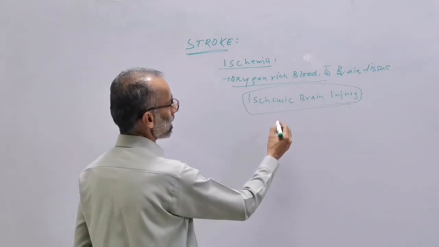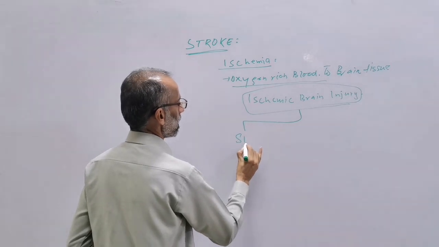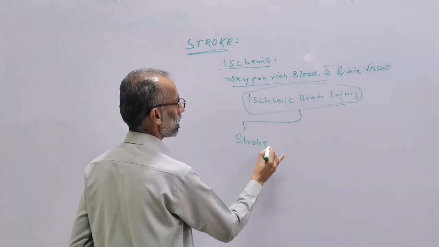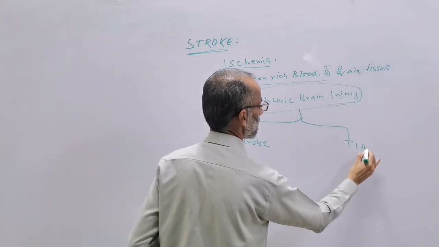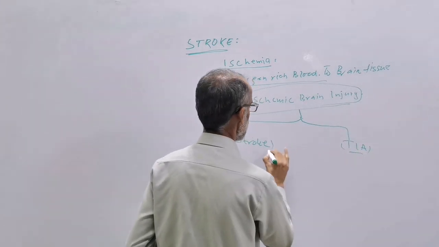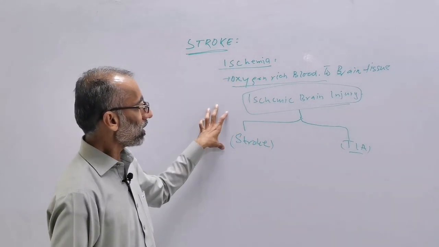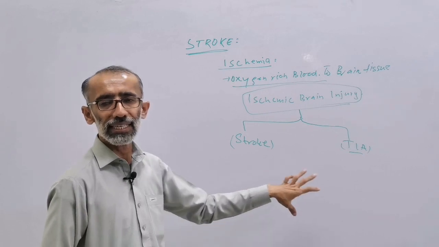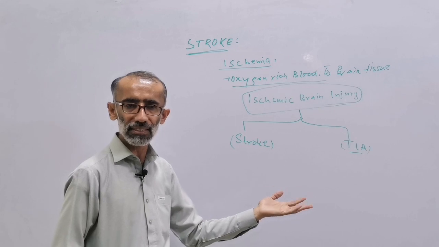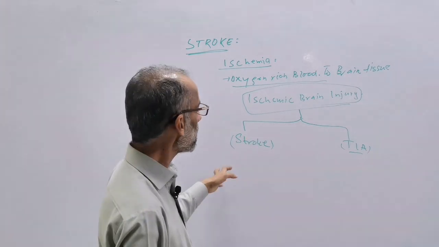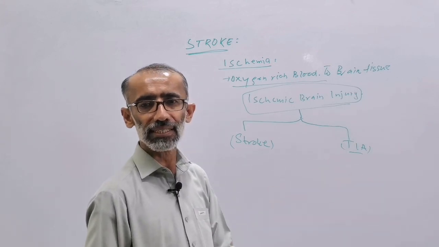Ischemic brain injury leads to a stroke and TIA. Similarly, ischemic heart disease, as we discussed previously, leads to myocardial infarction and angina.